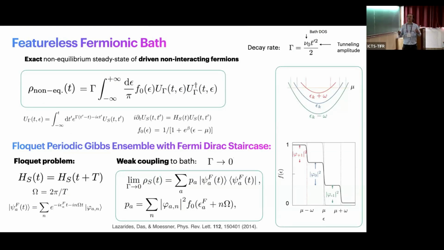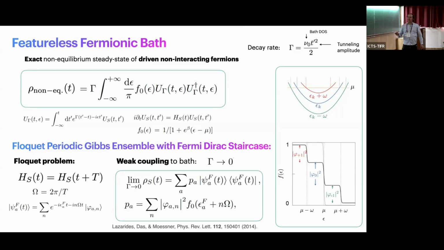And one can do this exactly. So this box is a solution for the late time one-body density matrix of the system for any system Hamiltonian. So it could be Floquet or non-Floquet. This integral gives you an exact solution, assuming that the bath is in the Fermi-Dirac state, okay?